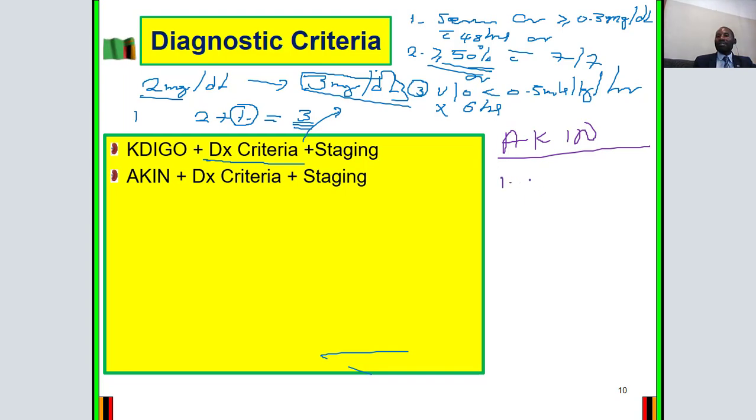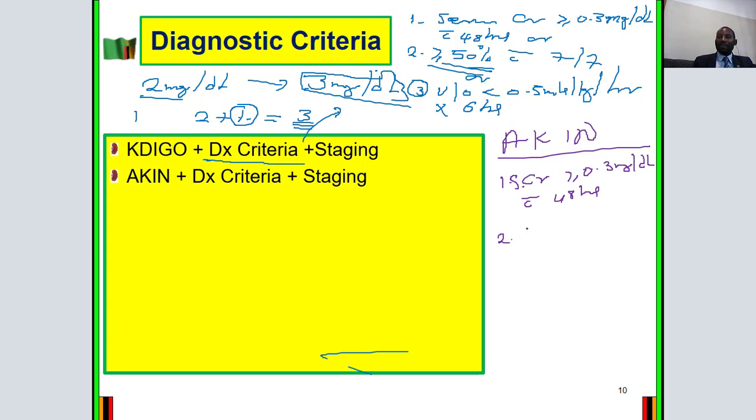is the same as the KDIGO. Take note here. You find that it's the same creatinine. Serum creatinine is the same. It will increase 0.3 milligram per deciliter within 48 hours. Just the same.